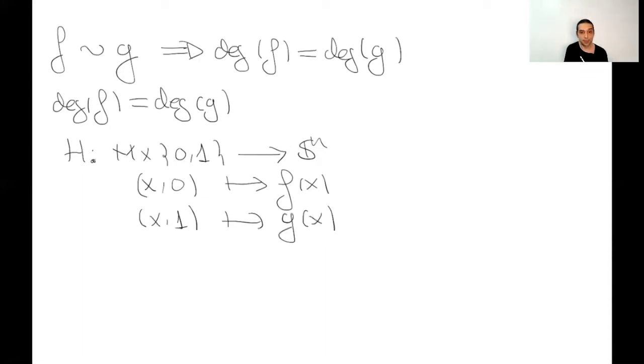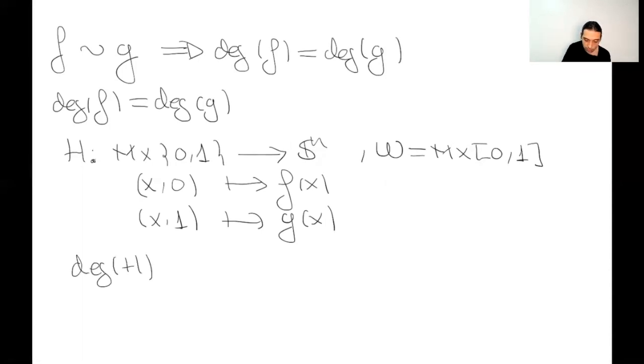Of course, the manifold W that we have to consider is M times the closed interval [0,1]. Okay, the degree of H restricted to the boundary of that manifold, it's the following.